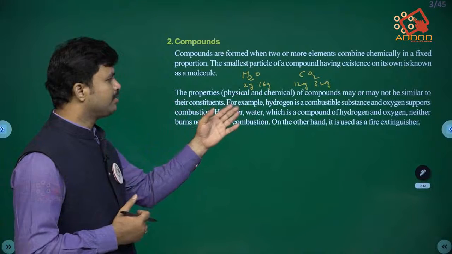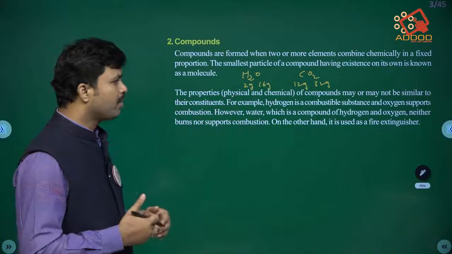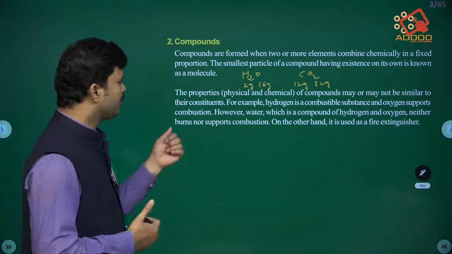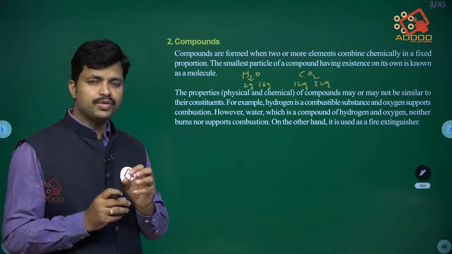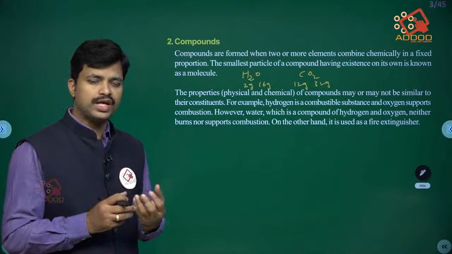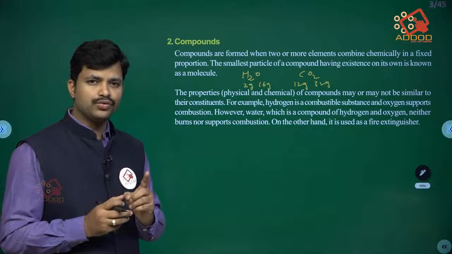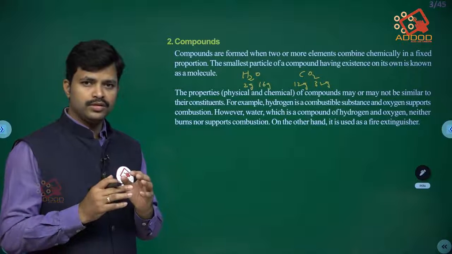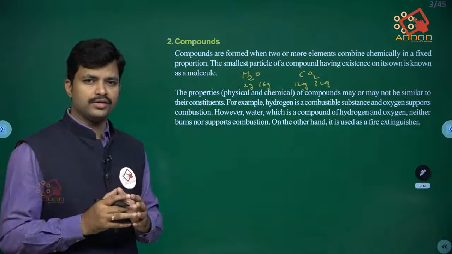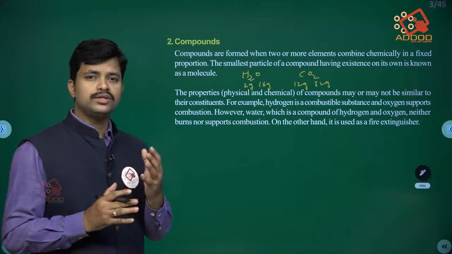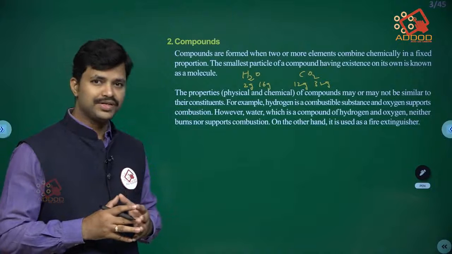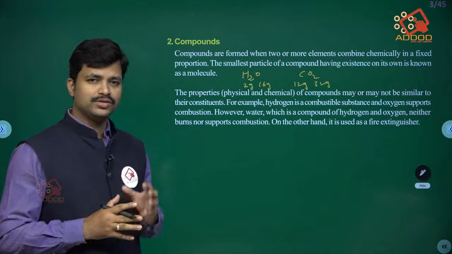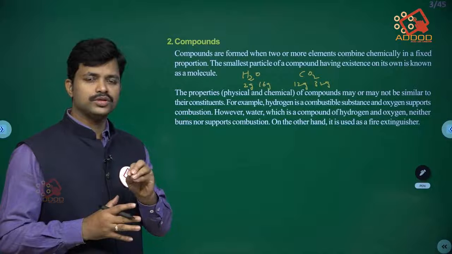Physical and chemical properties of a compound may or may not be similar to their constituents. It's not mandatory that a compound should have the same properties as its elements. H2O will extinguish the fire. Oxygen will support the fire. See the difference.